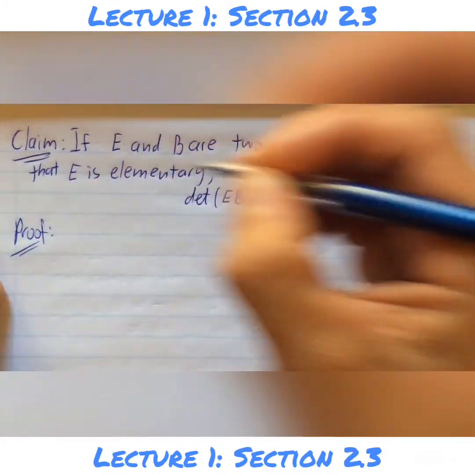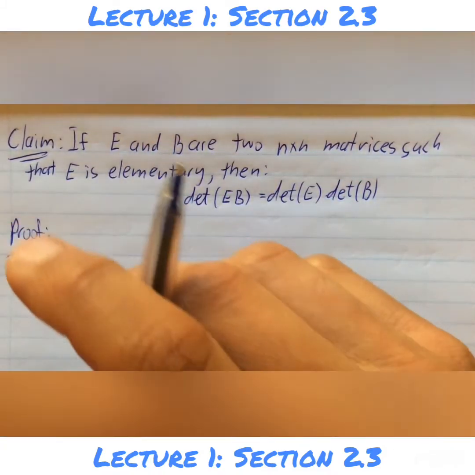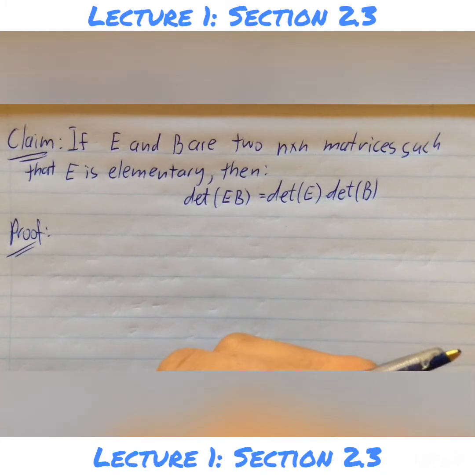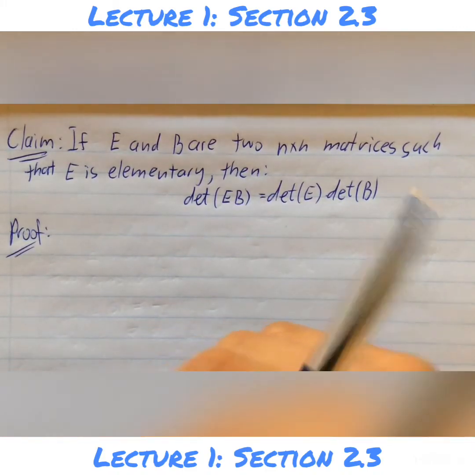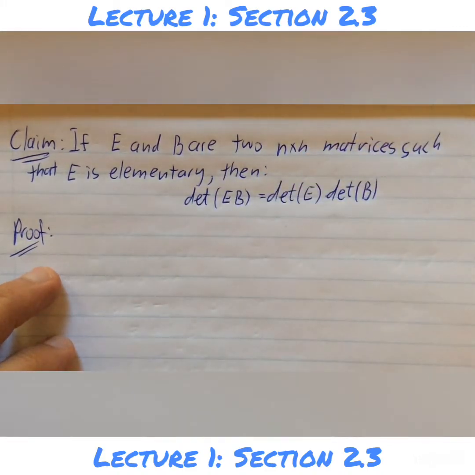So to prove this, we need to go back to our previous theorems in sections 2.1 and 2.2. So I urge you to go and revise those theorems. We're just going to apply them here.